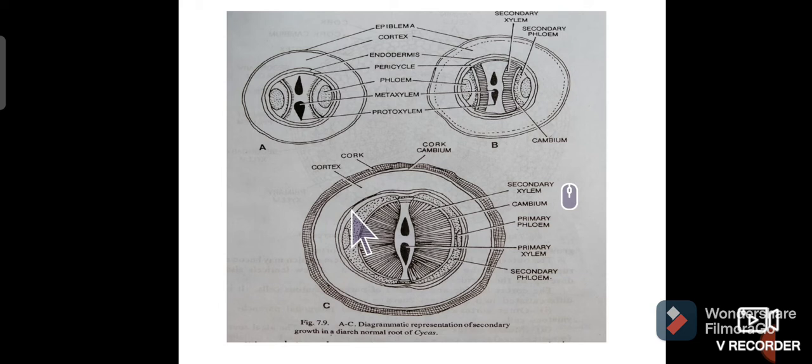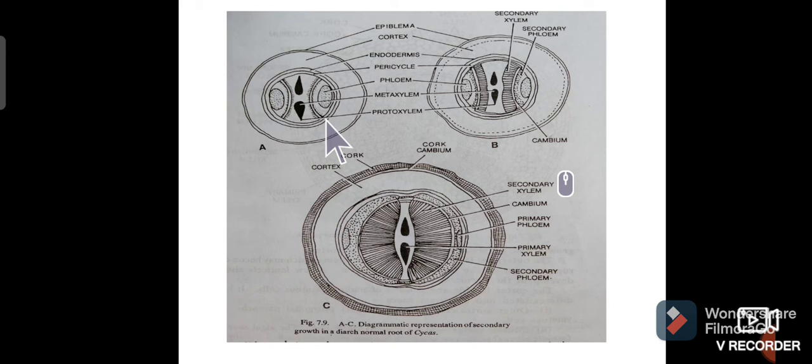In the meantime, here in the pericycle, as you can see this layer just below the endodermis, the cells of the inner layer of pericycle lying behind the protoxylem also become meristematic, that is, become actively dividing cells, and they start behaving as cambium strips.